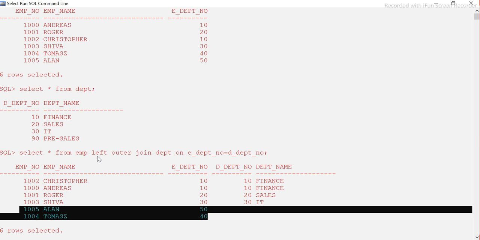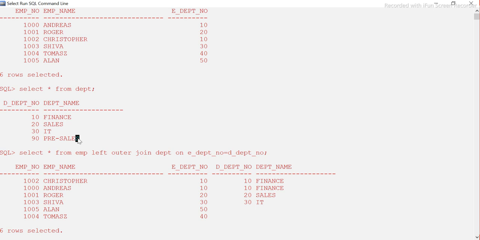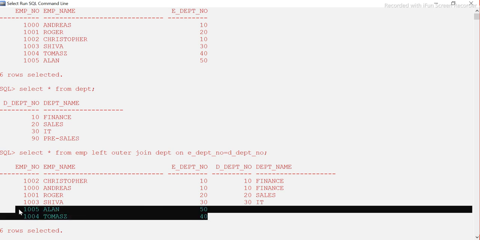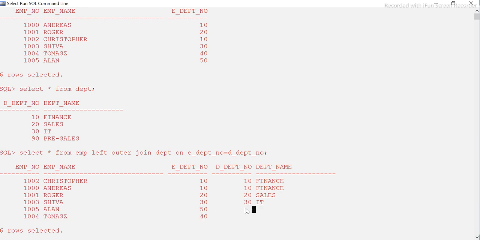What is interesting is that whatever is not matching in the right table, which is the department table in this case, because 40 and 50 are not there in this table, since we have only 10, 20, 30 and 90, which is anyway not matching, will be displayed as null. So the department number and department name columns from the department table will be displayed as null and null, again null and null for 40 and 50 both. So this is how it works, guys.